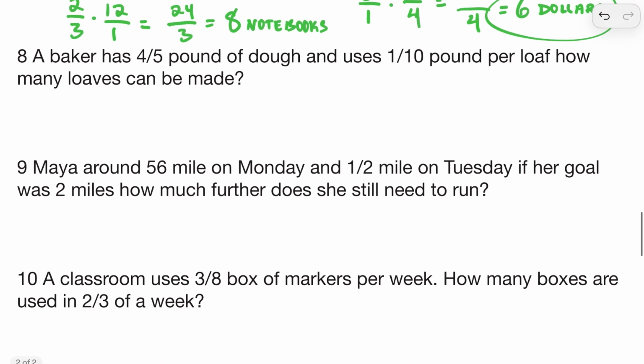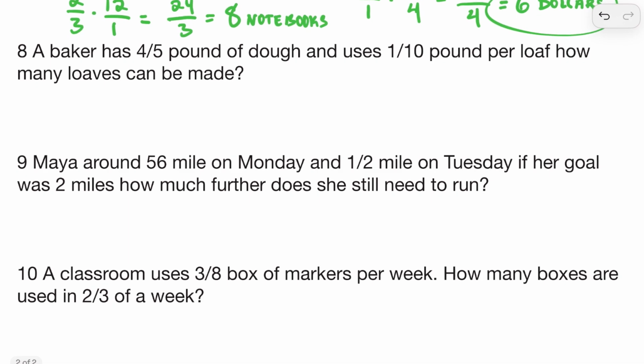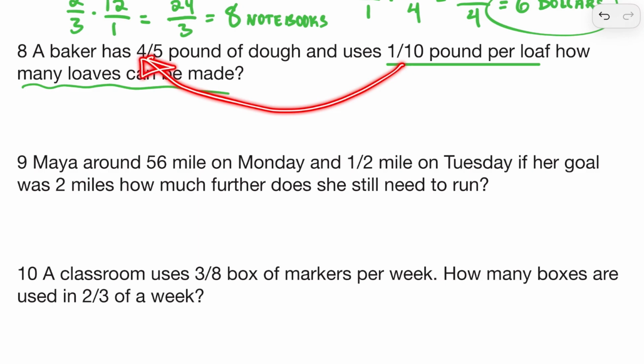Number 8 says a baker has 4/5 pounds of dough and uses 1/10 pound per loaf. How many loaves can be made? This is a good question. What this is asking for is how many times does 1/10 go into 4/5?